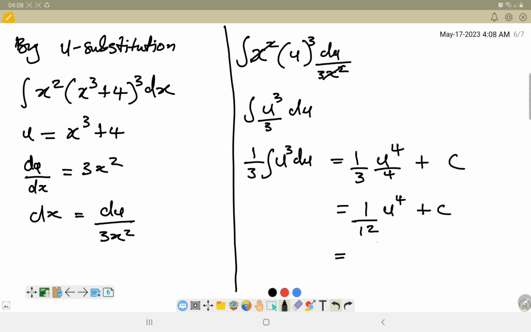And what we need to do is to make sure that we go back to the variables of the question, which were x variables. 1 over 12, we substitute back with x to the power 3 plus 4 to the power 4 plus c.